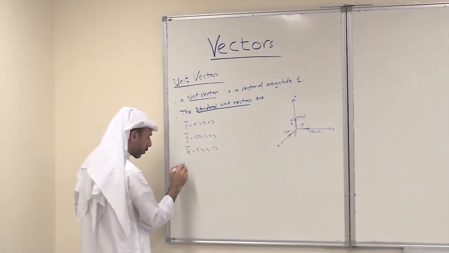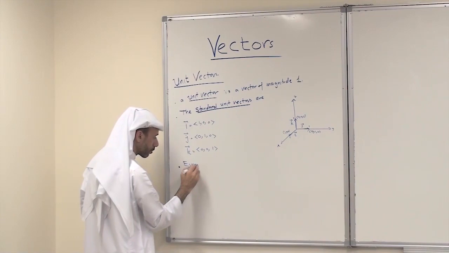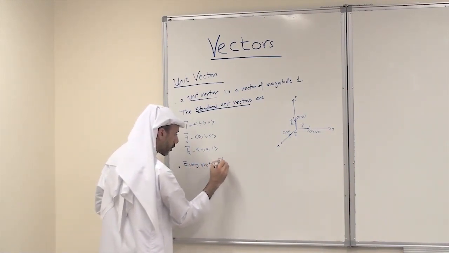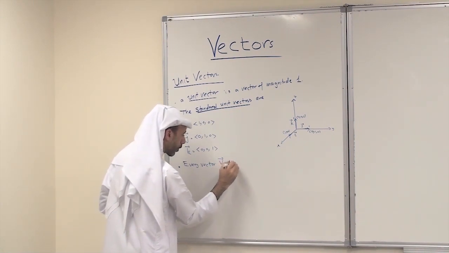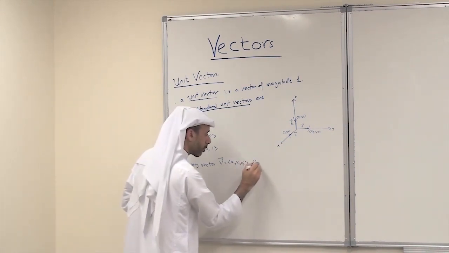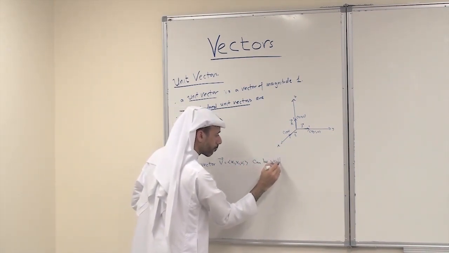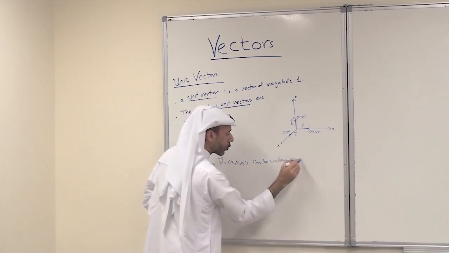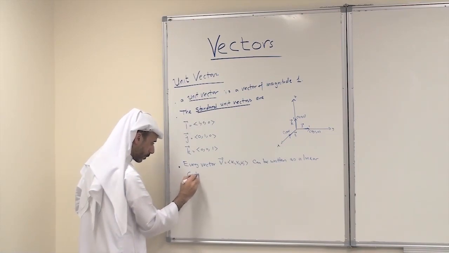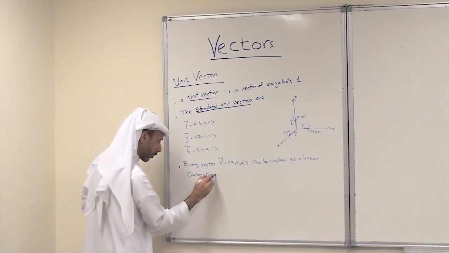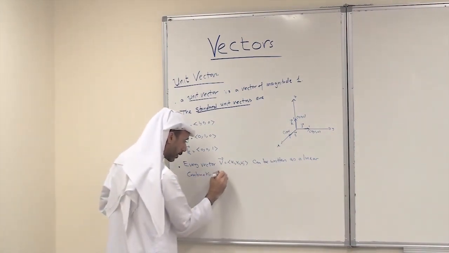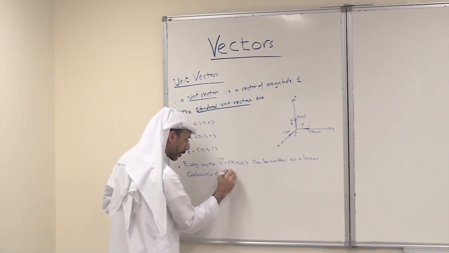Because every vector, let me call it v, with components v1, v2, and v3, can be written as a linear combination of these standard unit vectors i, j, and k.